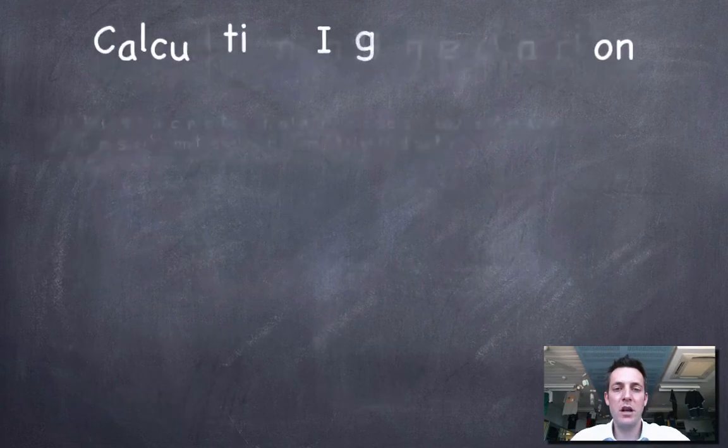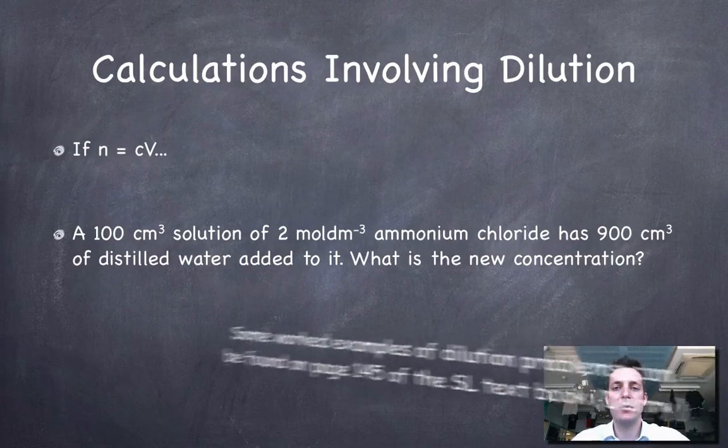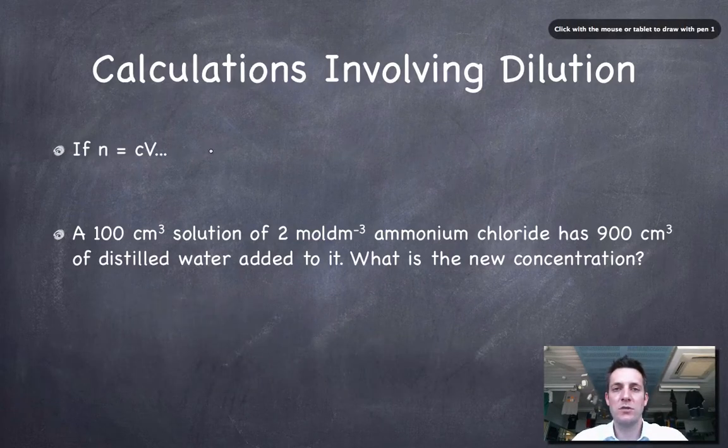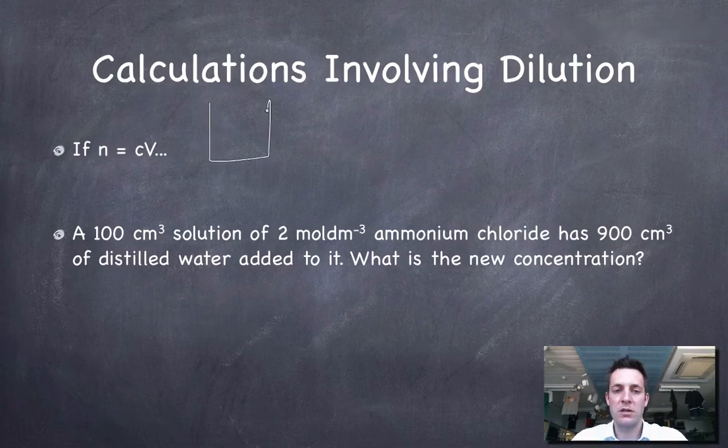Okay, last thing for this film is what happens when I dilute something. Now remember that the number of moles is equal to the concentration times the volume. If I've got a solution in a beaker, there's going to be a certain number of moles of solute in the solvent. If I dilute it, so I put it in some bigger beaker and add lots of water to it, there's still the same number of moles.